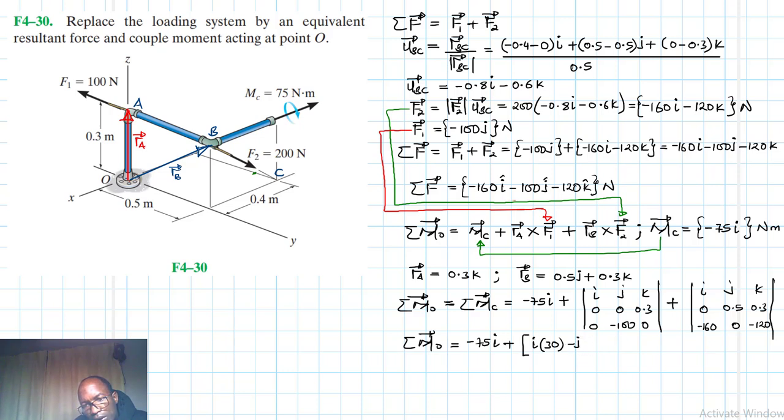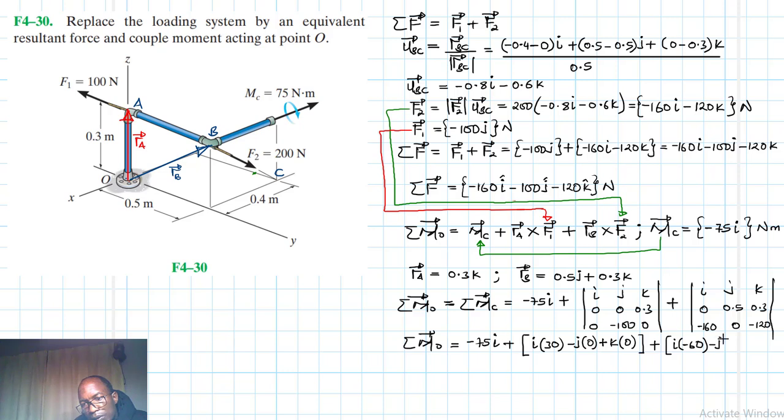Minus J, 0 minus 0 is just 0. Then plus K, 0. Plus I, minus 125.5 is just minus 60.